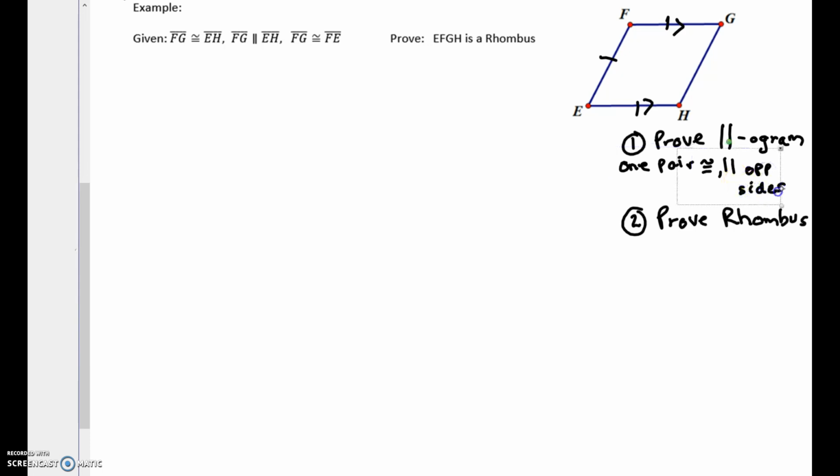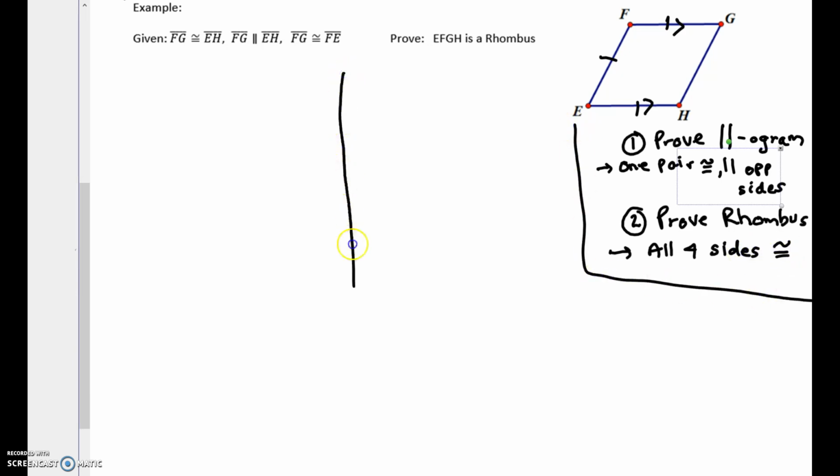That's how I'm going to prove it's a parallelogram, by the theorem that we learned in the lesson on proving parallelograms. Then once I do that, I've got three of my sides congruent. I also know that opposite sides in parallelograms are congruent, so I'll be able to prove all four sides congruent. So that's how I'm going to prove it's a rhombus, by showing that all four sides are congruent. That's my plan. Now let's actually do it.